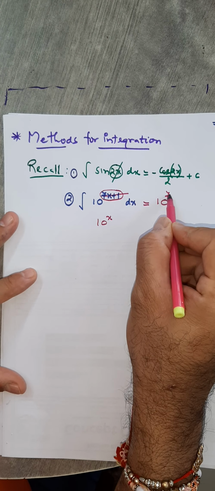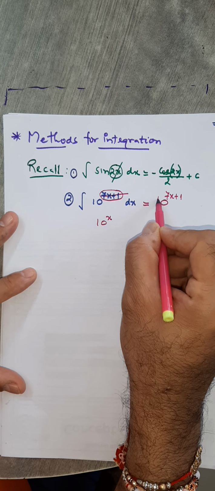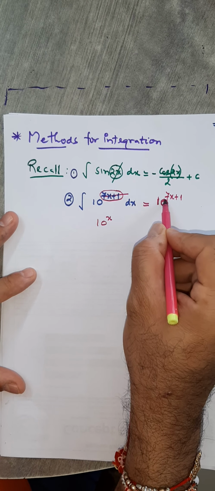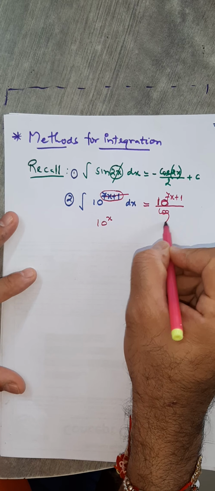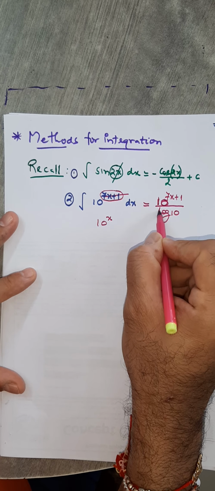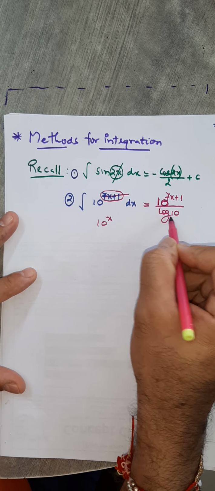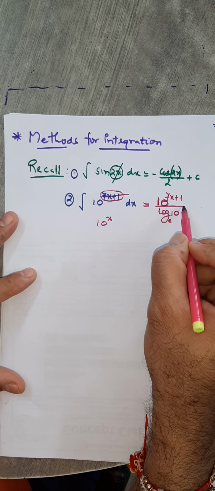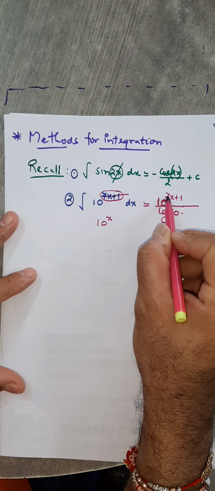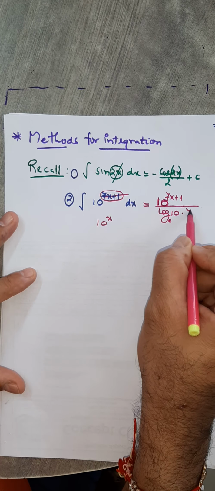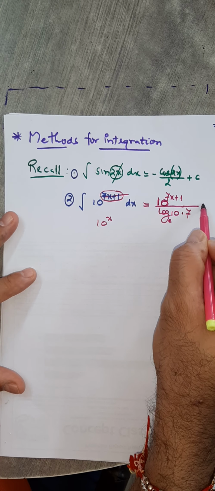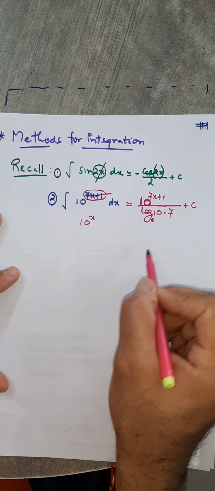A raised to x upon log a. So upon log 10 to the base e, that is 10 raised to 7x plus 1, upon the coefficient of x, which is 7. So you're into 7 plus c. This is the integral.